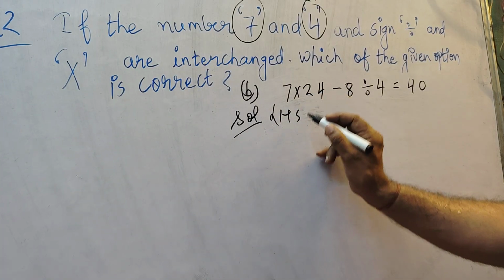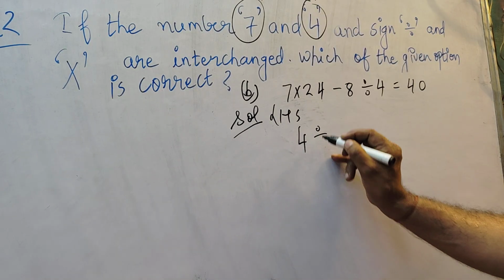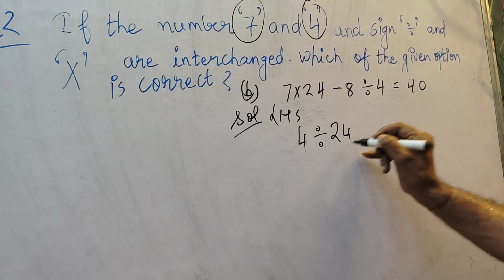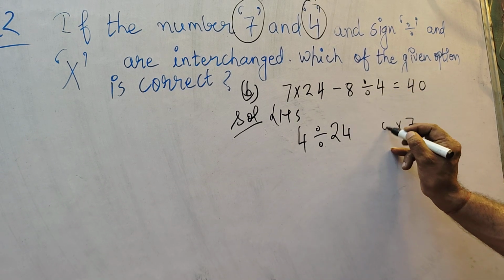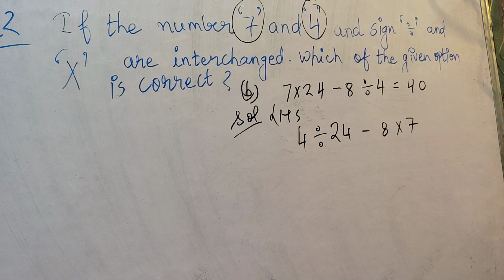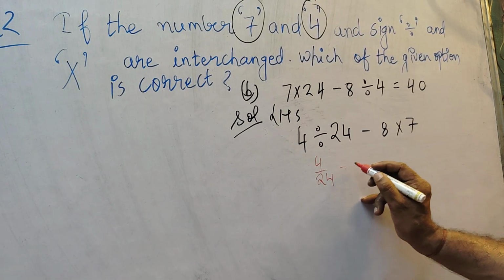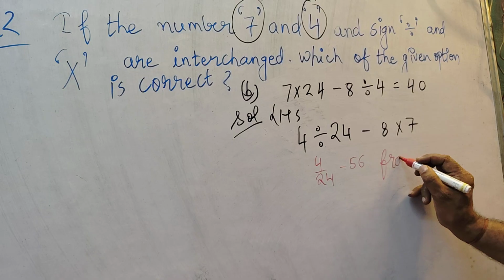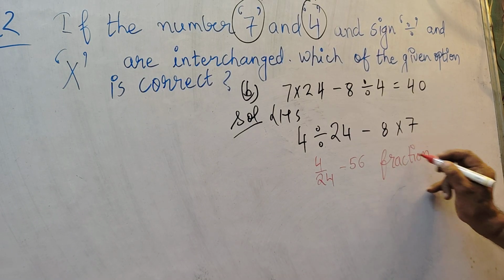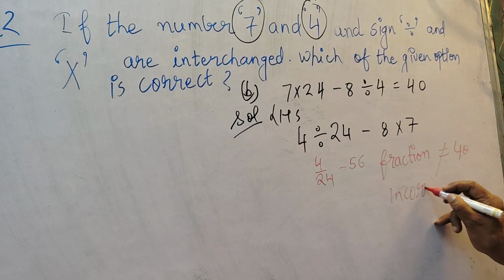So multiply is replaced with divide sign, 7 is replaced with 4, and divide is replaced with multiply, minus is not replaced. Now simplifying this, it gives us 4 divided by 24 minus 8 times 7 is 56. It is in fraction form, it is not equal to 40. So it is incorrect.